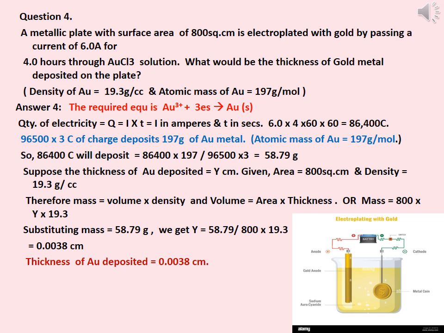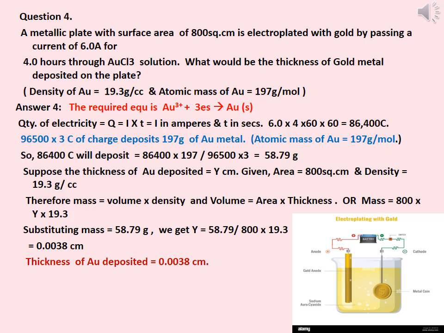Suppose the thickness of gold metal which gets deposited is y centimeter, and given in the problem that area is 800 square centimeter, as also density of gold is 19.3 gram per cc. Therefore we know that mass is equal to volume into density, and volume is area into thickness.